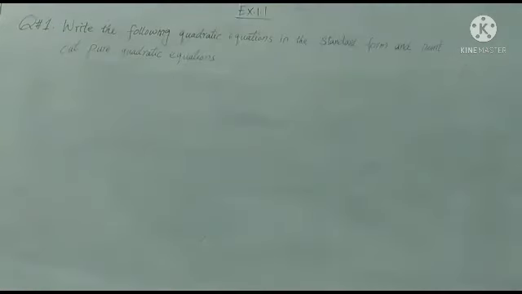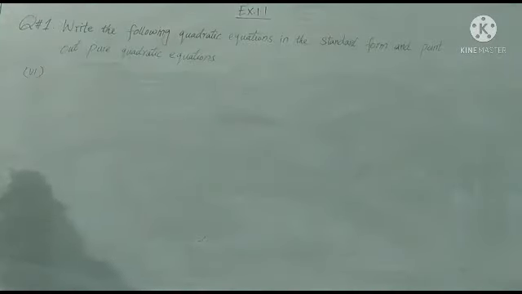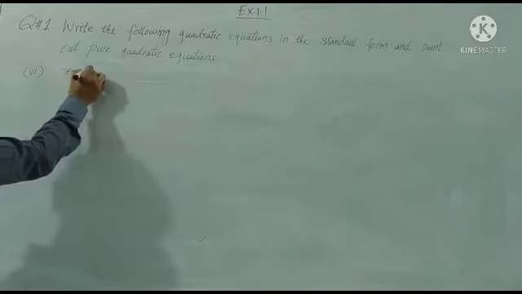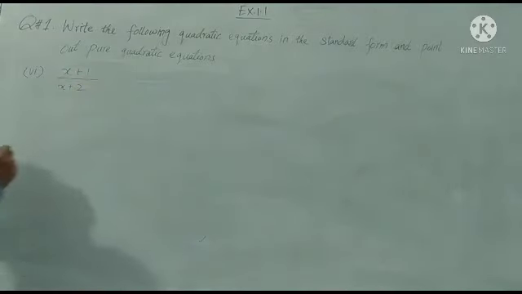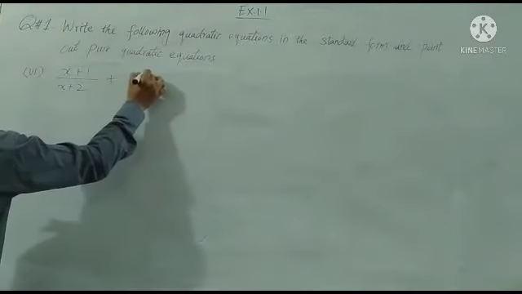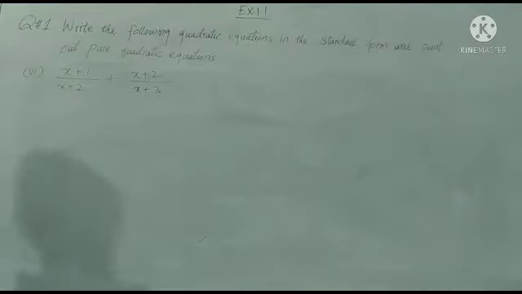For the sixth part, it is given here x plus 1 over x plus 2 plus x plus 2 over x plus 3 is equal to 25 over 12.